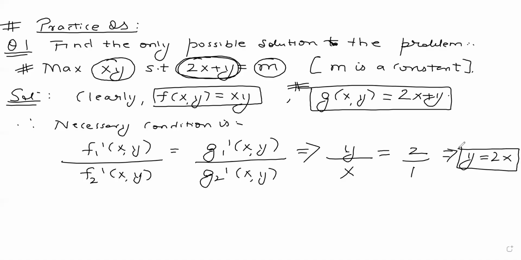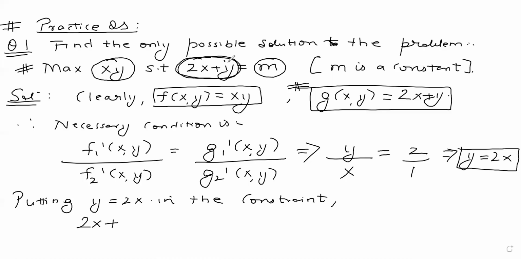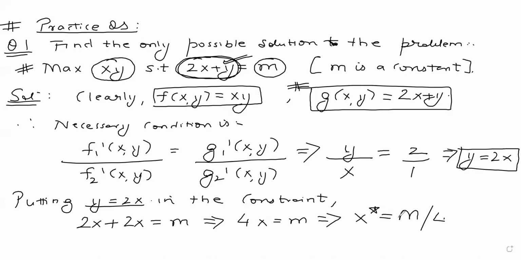Now I'm going to put it in the constraint. Putting y equal to 2x in the constraint, what do I get, guys? 2x plus y. Now what is y? y itself is nothing but 2x, equals m, which implies 4x is equal to m, which implies my x star is equal to m by 4.